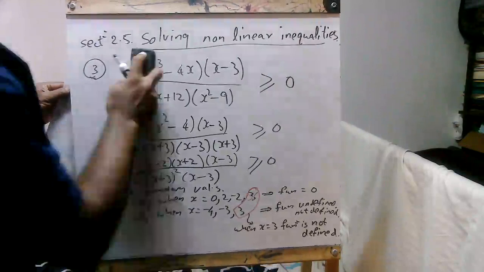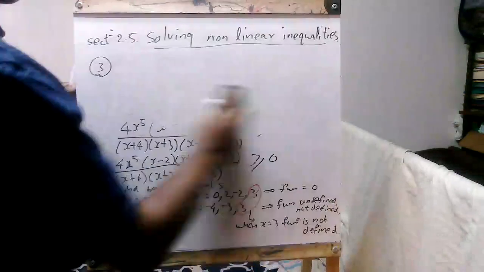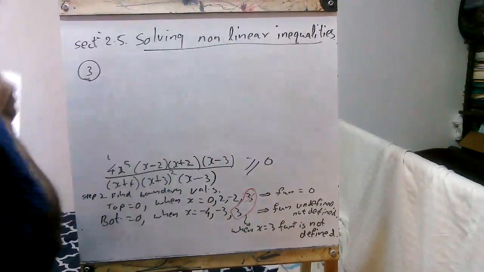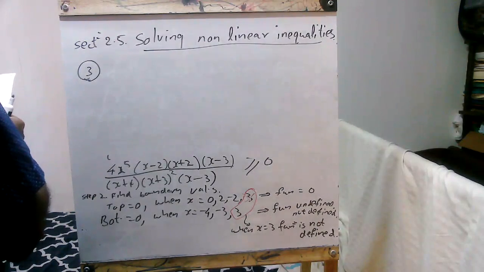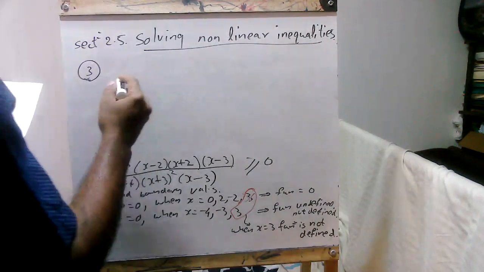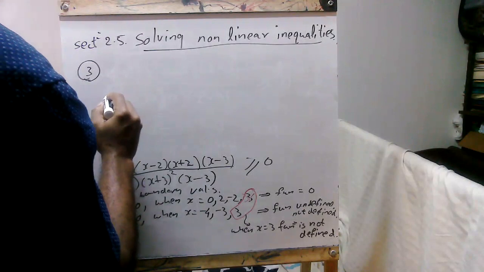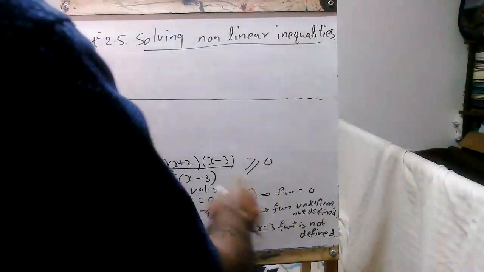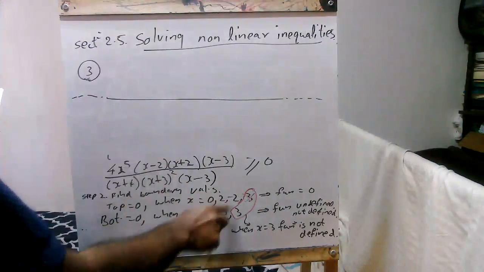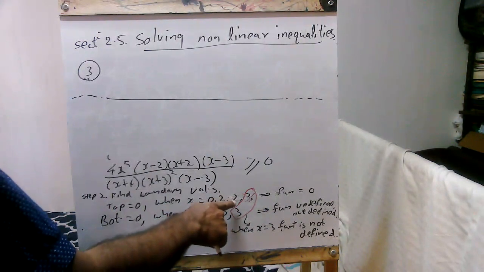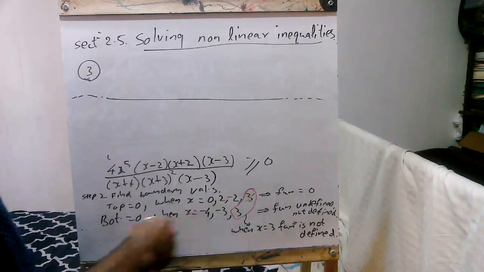I'm going to put all these numbers here, top and bottom. The smallest number is -4, -3, -2. After that, 0, 2, 3.